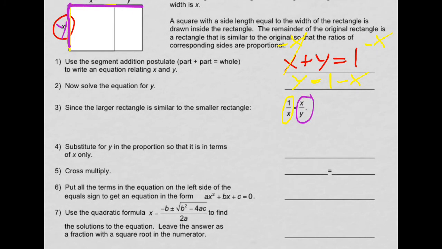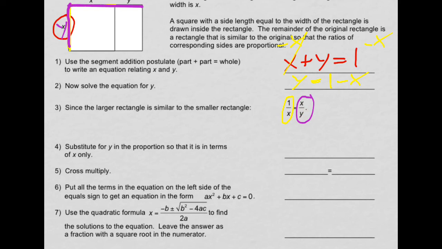Okay, substitute for y in the proportion so that it is in terms of x only. Well, they're asking you to go back up here and take a look at y equals 1 minus x, and then put that in for this right here.